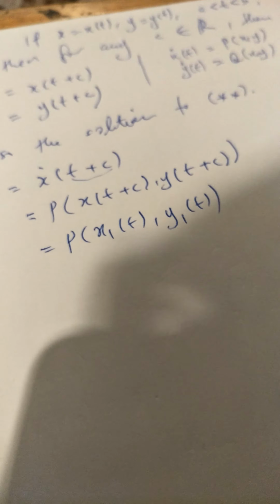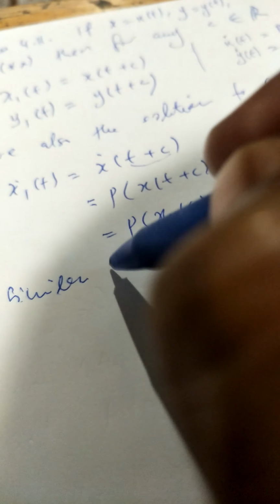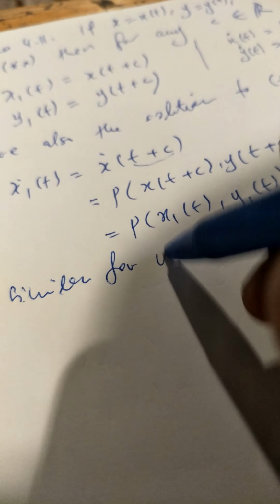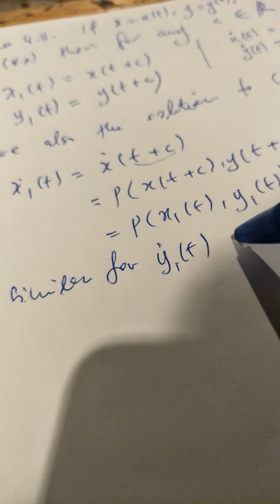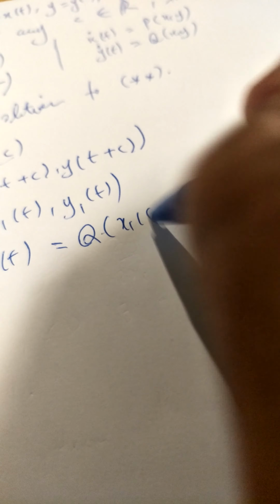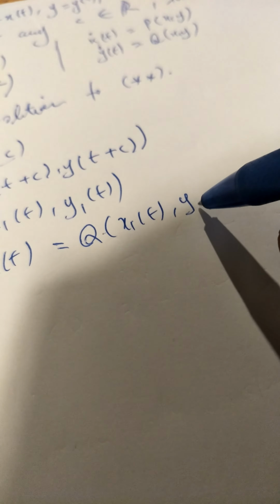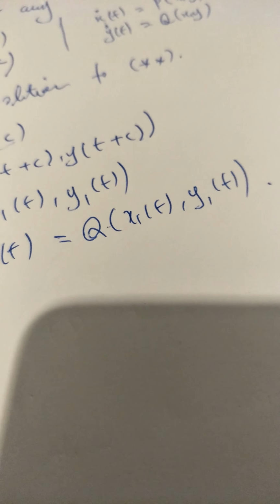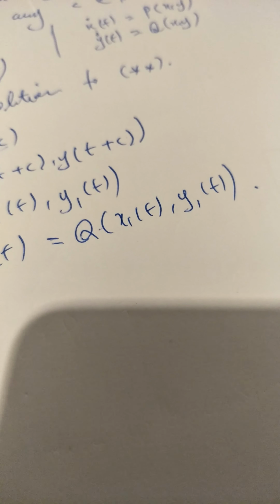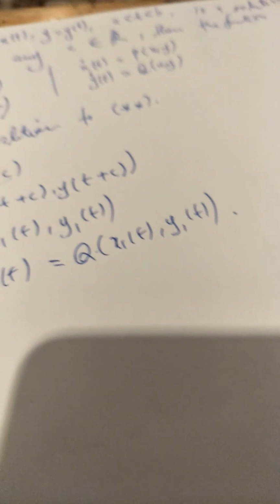Similarly for y1 dot, we get Q(x1(t), y1(t)).